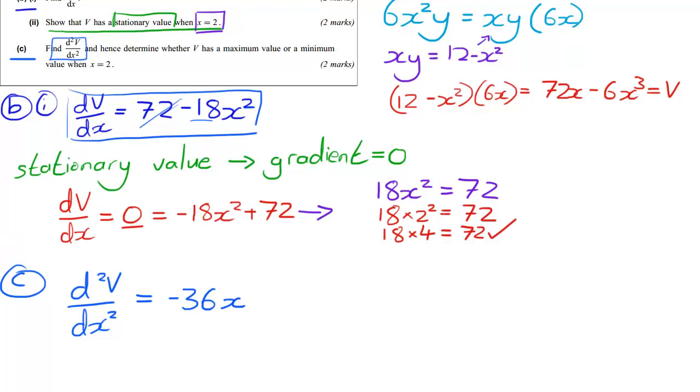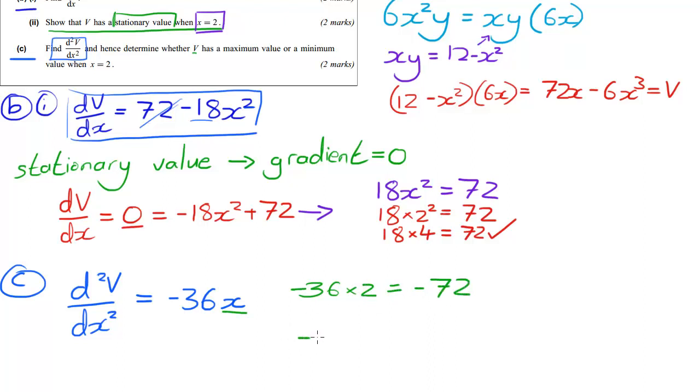So let's go back to green. So hence determine whether v has a maximum or minimum when x is equal to 2. So let's put 2 in there. So if we put 2 in there, then we are going to get minus 36 times by 2. That's going to be equal to minus 72.